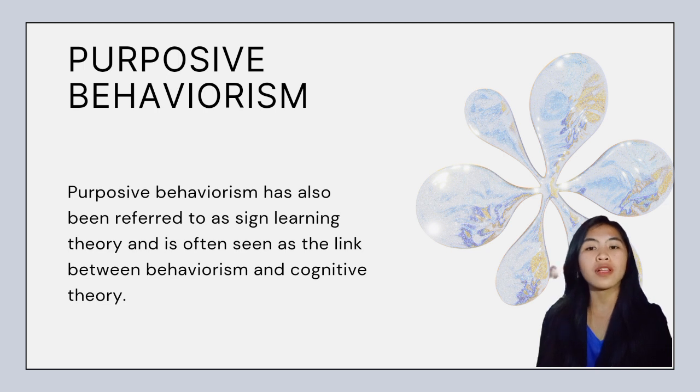An example of purposive behaviorism is a student studying for an exam with a goal of achieving a higher grade and becoming an honor student in their class. The student's behavior is directed towards a specific goal and they are motivated to achieve it.